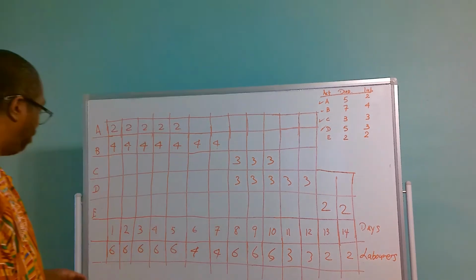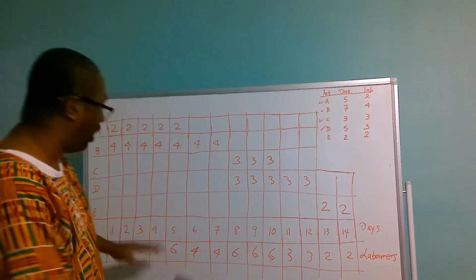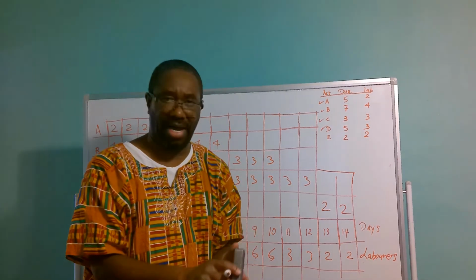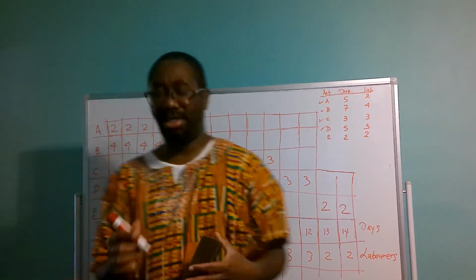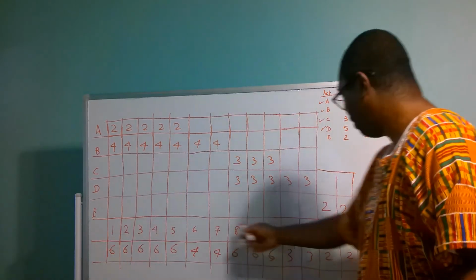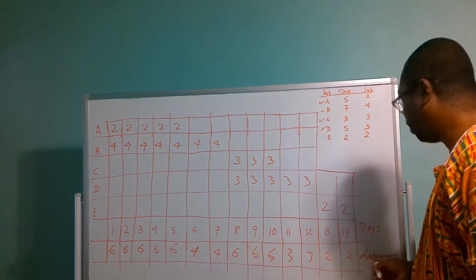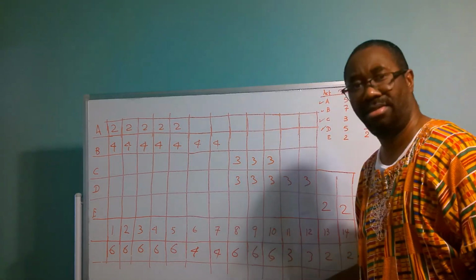So this chart can be leveled some more if you want to, but this is supposed to satisfy the contractor, since on no given day is he using more than 6 laborers to complete any task.